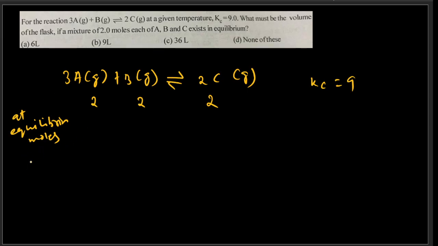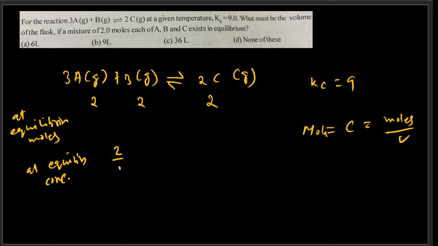Concentration we generally take as molarity, that is moles per volume. So the concentrations are 2 by V, 2 by V, and 2 by V.